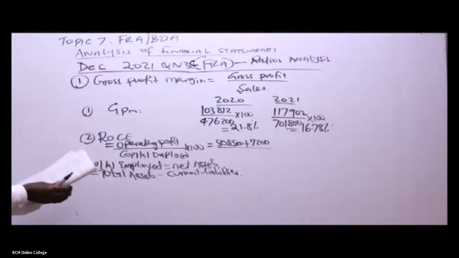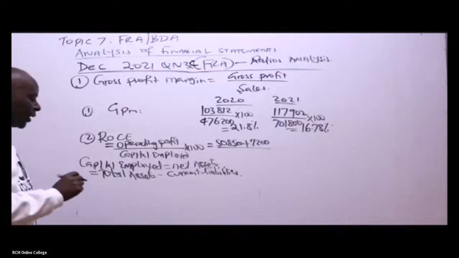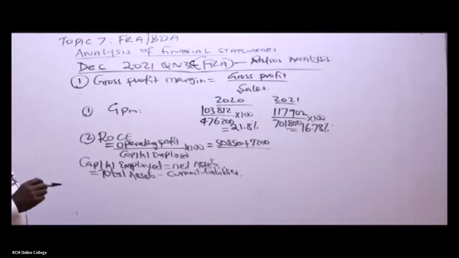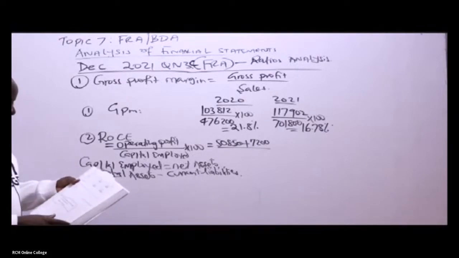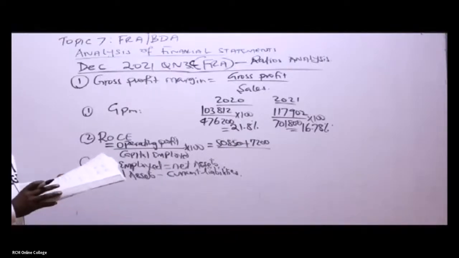No problem. All right. So anytime they want us to give them capital employed, I will always take total assets minus current liabilities. So in this question, have they given me total assets, ladies and gentlemen?